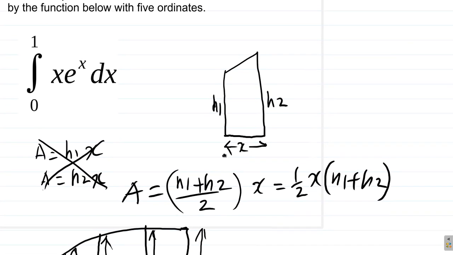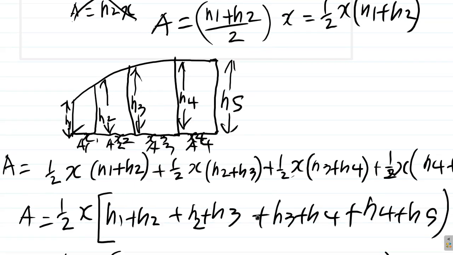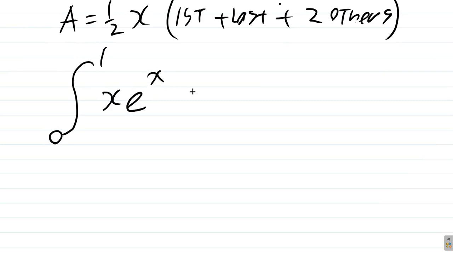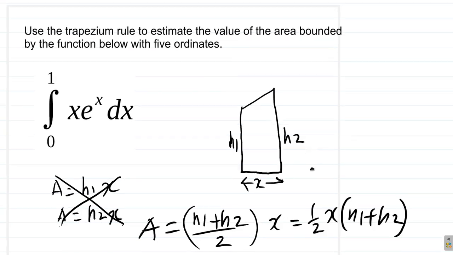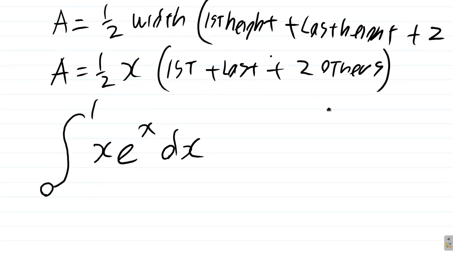Now let's look at this. The integral from 0 to 1 of x e to the x dx. We're supposed to use 5 ordinates.